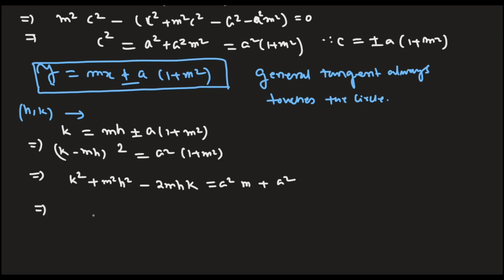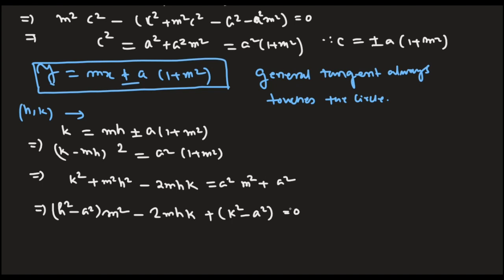So m square also appears on the right; this term you have to take on the left hand side. It will be h square minus a square times m square, then minus 2mhk, then plus k square minus a square, which is equal to 0.